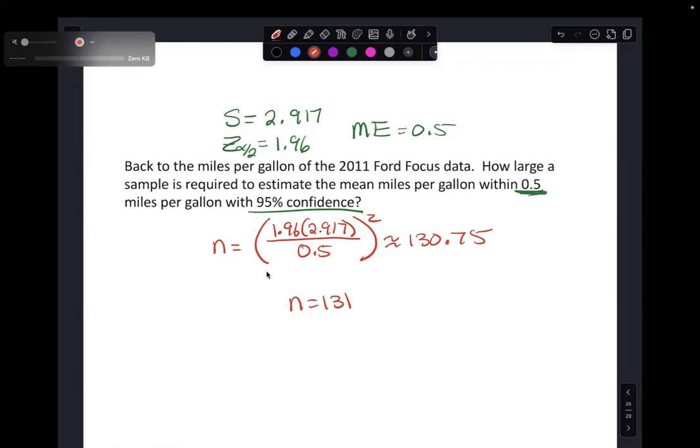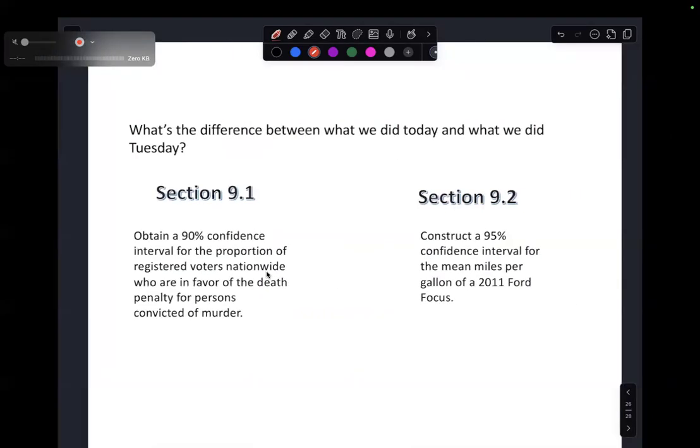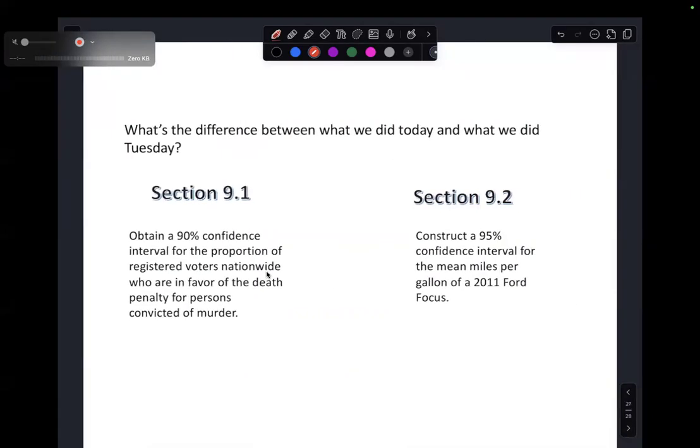The next two slides are pulling it all together and showing you both things at once, the proportions and the means. Does anyone need another moment here? I'm going to move on. Okay. So starting here, this is what the problems look like in 9.1 versus 9.2.